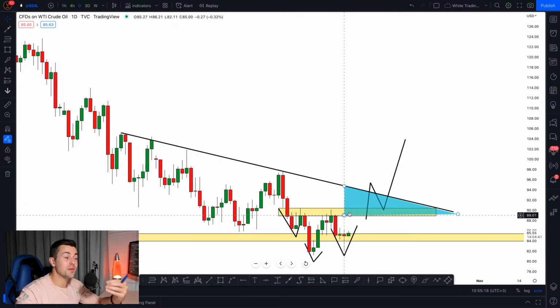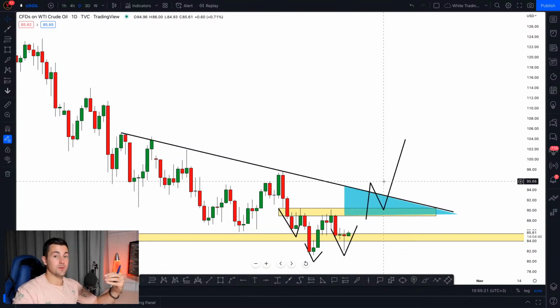And if that entire zone is broken, then we'll expect a strong bullish movement, because the violation of that entire supply zone will signify a phenomenally strong bullish pressure. So we need a bullish breakout of them both. I hope you got the point.